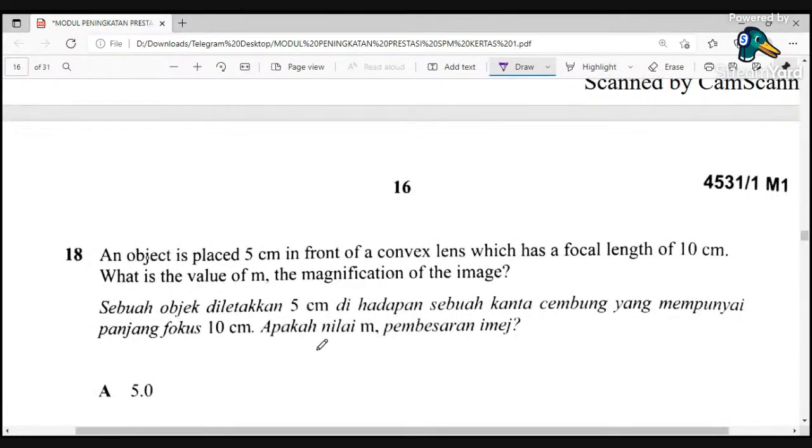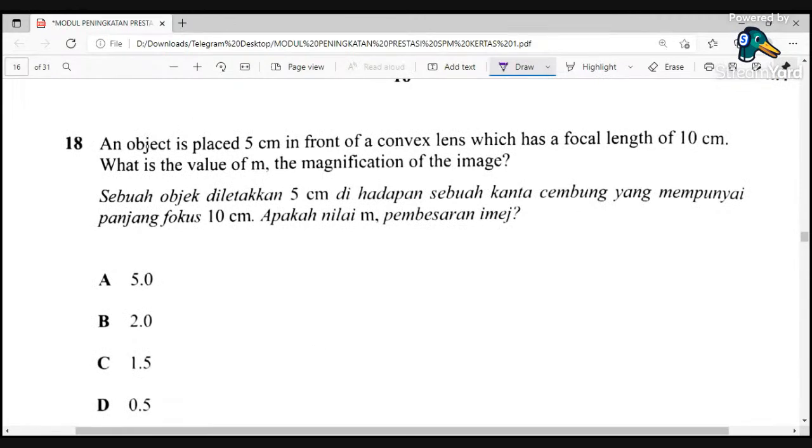Okay, 18. An object is placed 5 cm in front of convex lens, focal length 10. What is value of M magnification? So magnification ada dua formula you boleh guna ialah image distance divided by object distance ataupun height of image divided by height of object. Kalau you ada information ni you boleh guna.